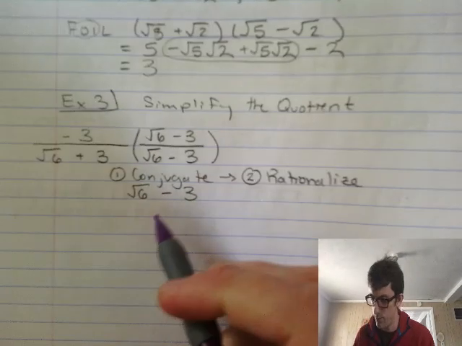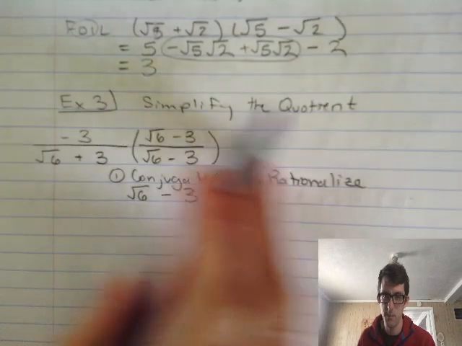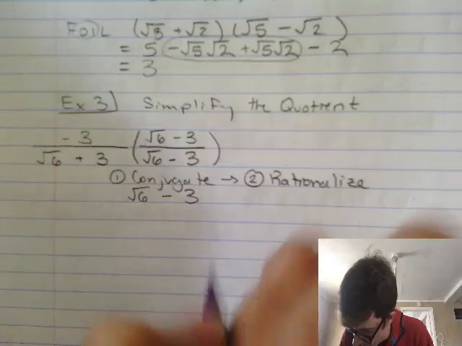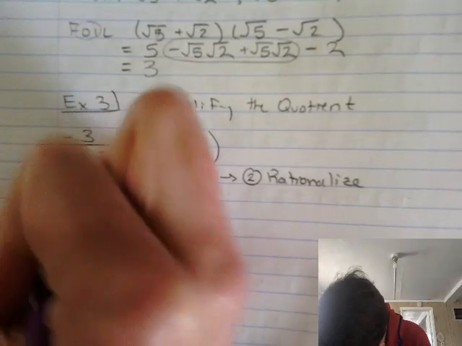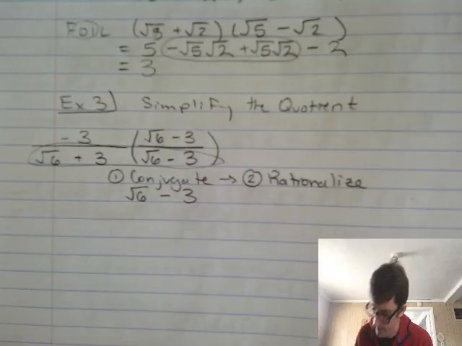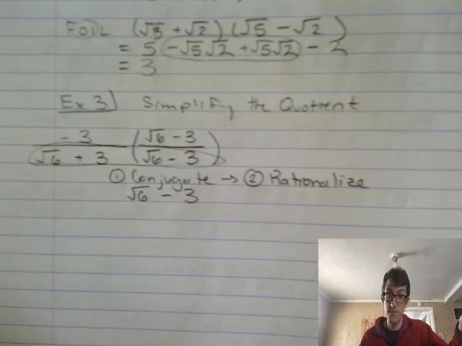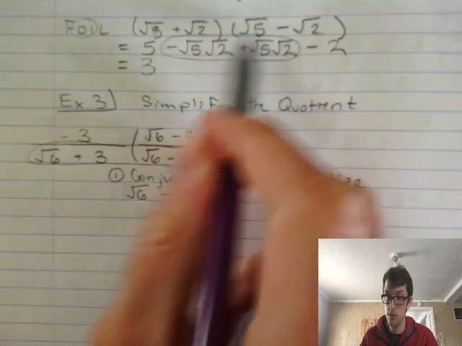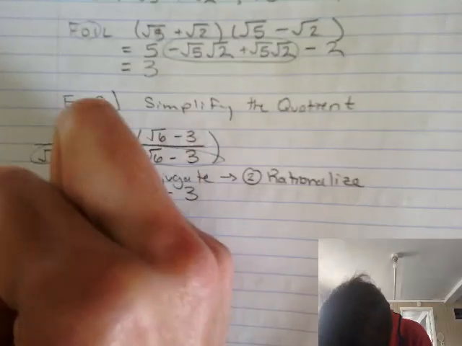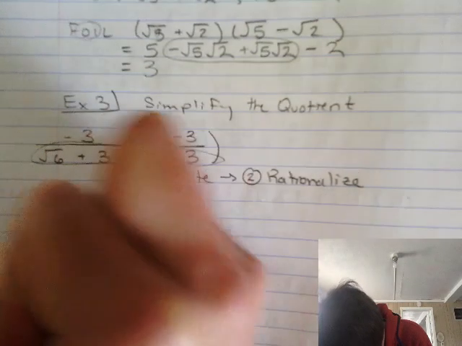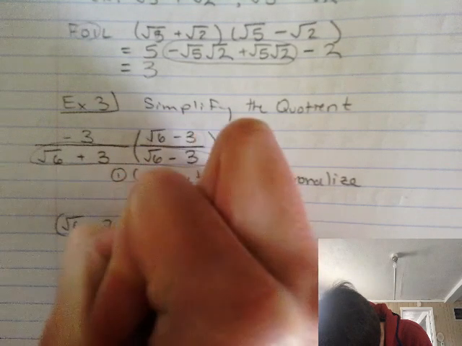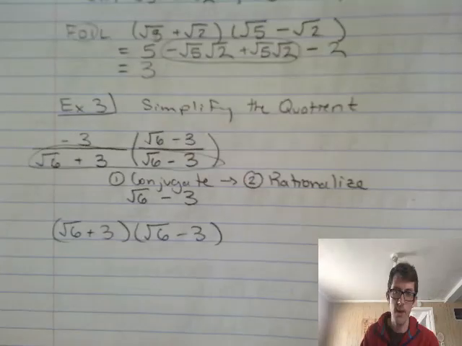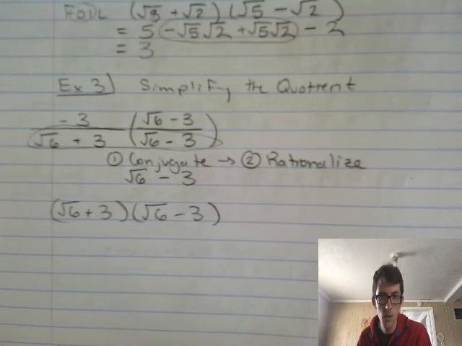So, as we do this, we can do this work a little bit off to the side to save some space up here. We are going to be foiling because we will have to FOIL this expression. That's what we practiced at the end of the day yesterday. So the square root of 6 plus 3 times the square root of 6 minus 3.